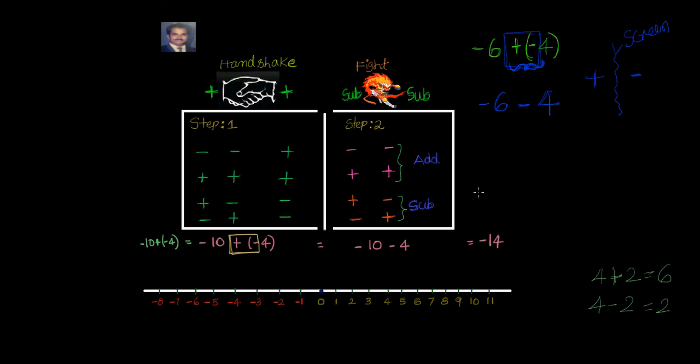Now this is the second part of the game. In step 2, you are ready to either fight or play with each other. We will look at their signs. If both Pokemon are of the same sign, they will not fight with each other.